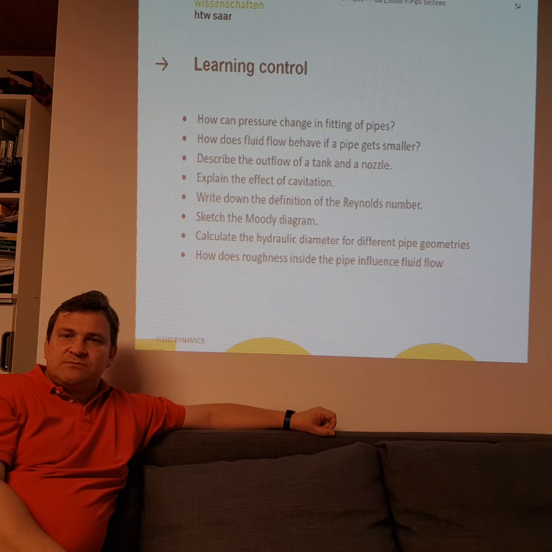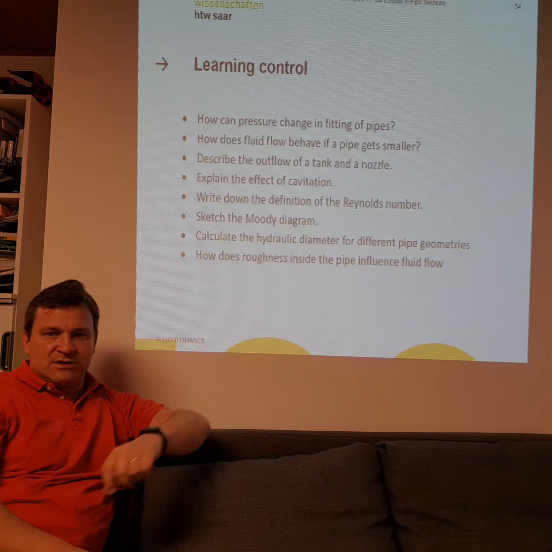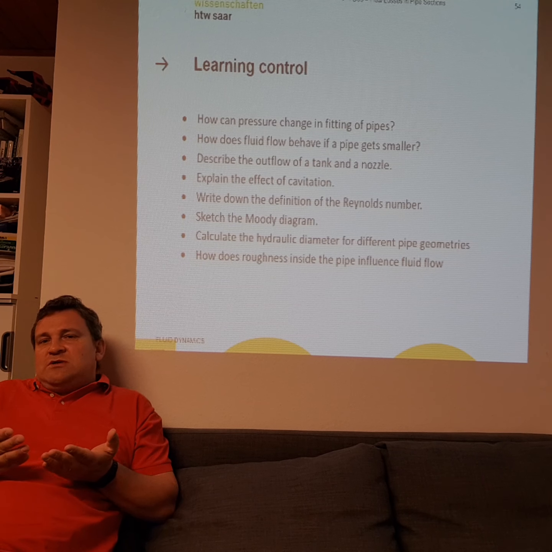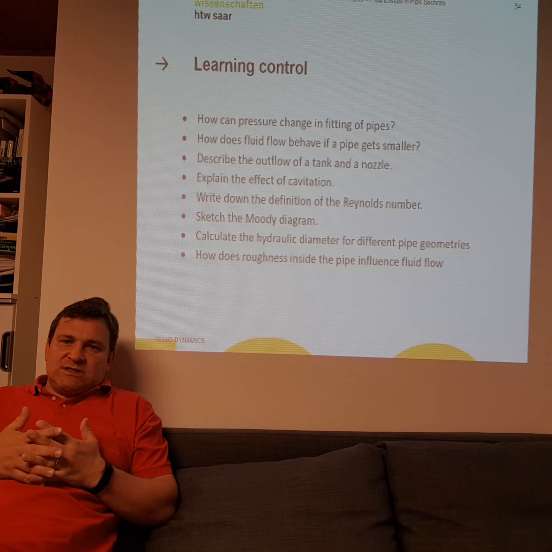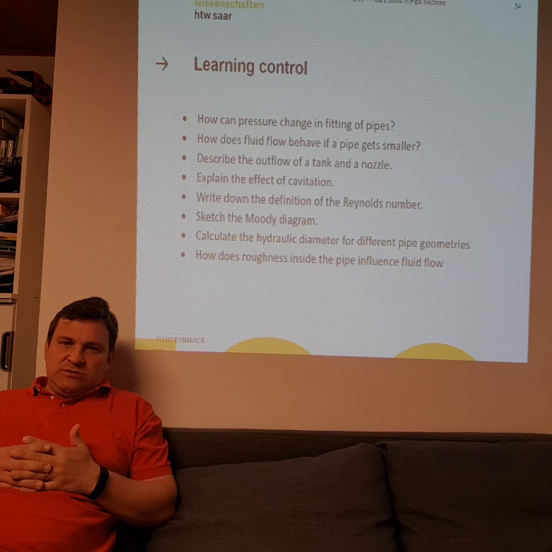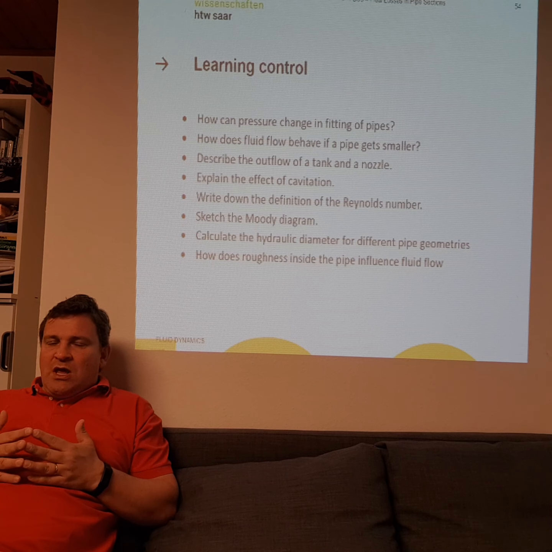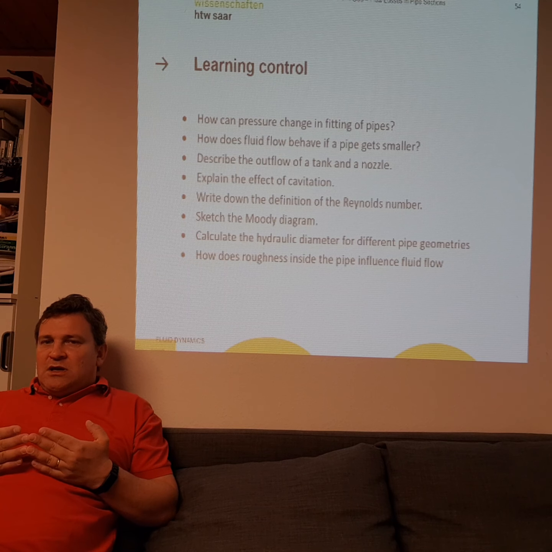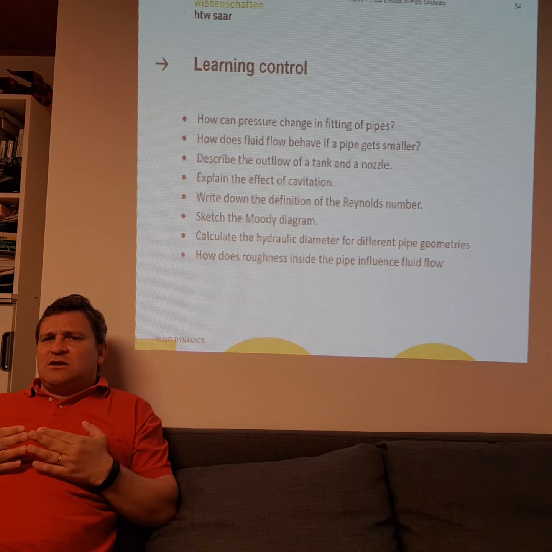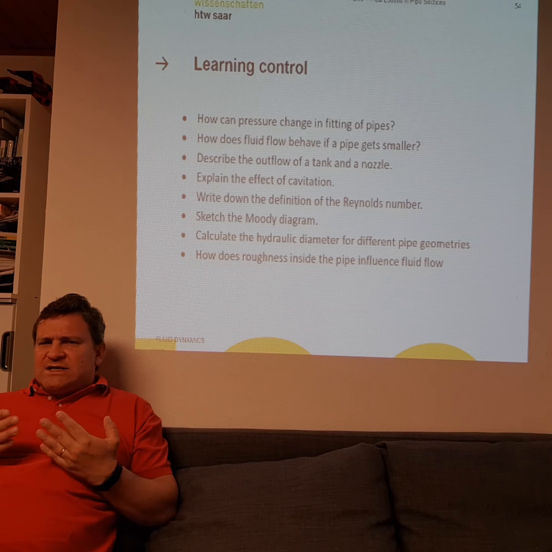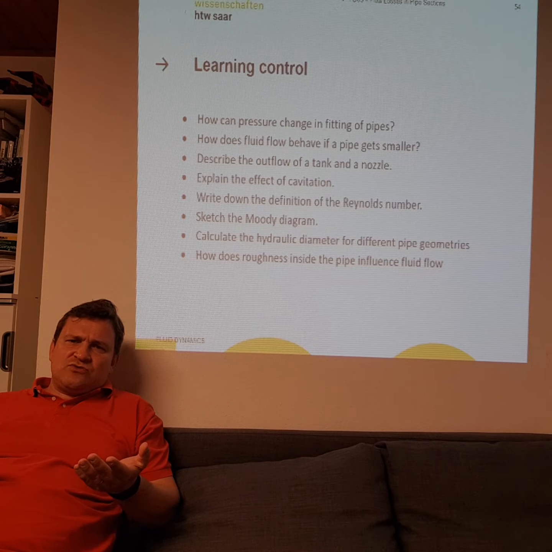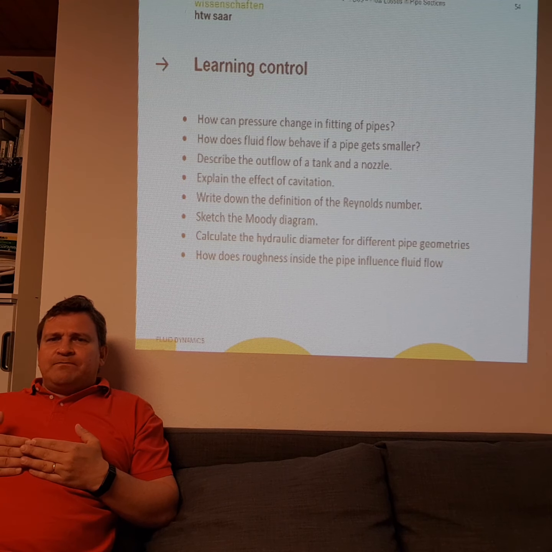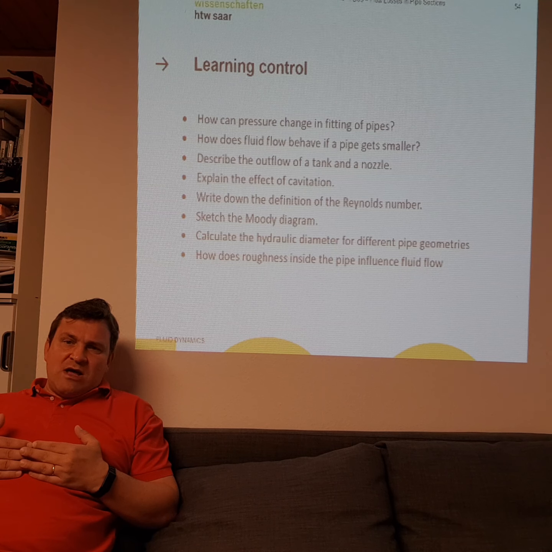Okay, you must be able to calculate hydraulic diameters. Calculation of the hydraulic diameter of a round system is really pretty easy. You just take the diameter of the circle, but if your geometry gets a bit more complicated, you do not have to know it for triangular geometries. That's not necessary. I told you I've never seen a triangular pipe. Maybe I have to look it up, but it can occur that you have rectangular pipes.